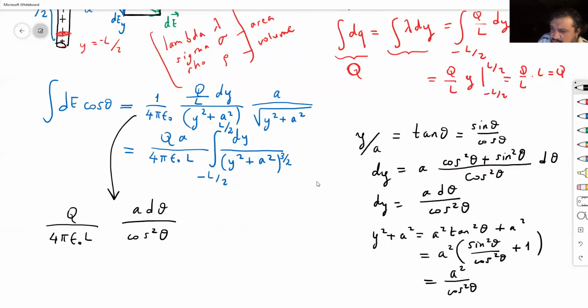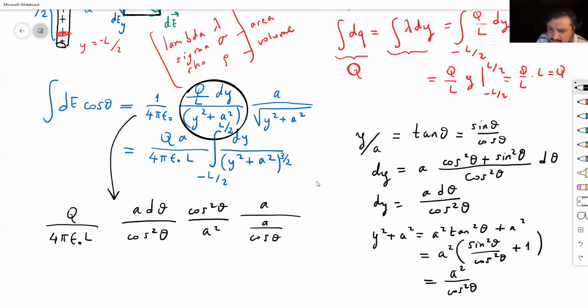And then you flip it, so you get cosine squared theta over a squared. That's just from here. And then you have here another a divided by the square root of that, which is a over cosine theta.